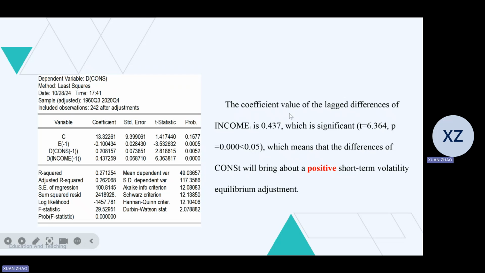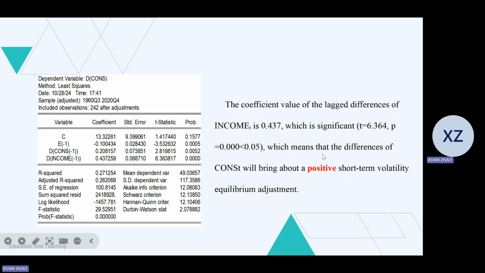And the coefficient value of the lag difference of income is 0.437, which is also significant because the probability is 0.000, which is less than 0.05.